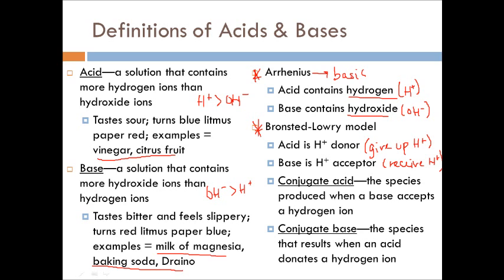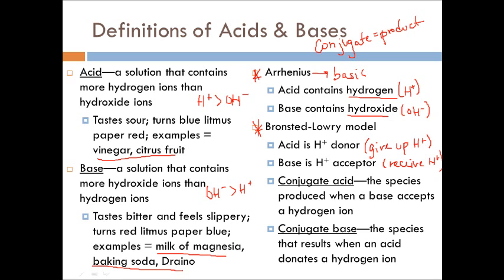Now, based on what happens, we have some terms on the results. Something that a lot of y'all were having issues with is the idea of a conjugate. So in your brain, I want you to put conjugate equals product. So the conjugate is going to be the product of either an acid or base, and they're opposite.